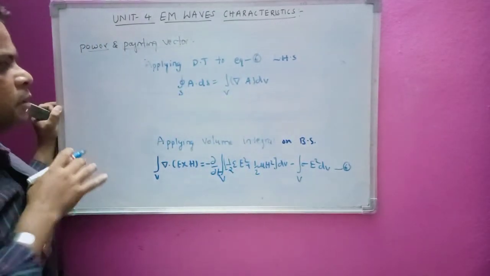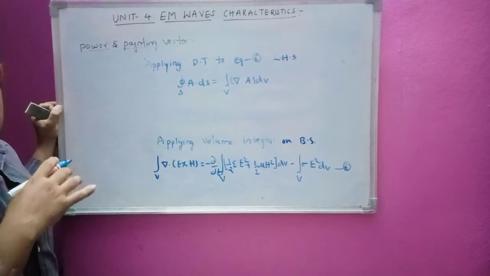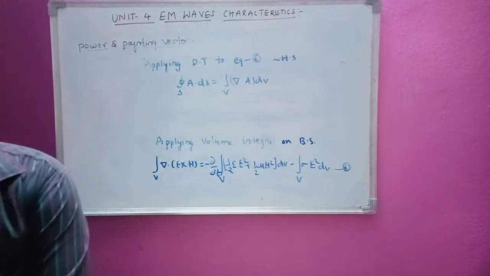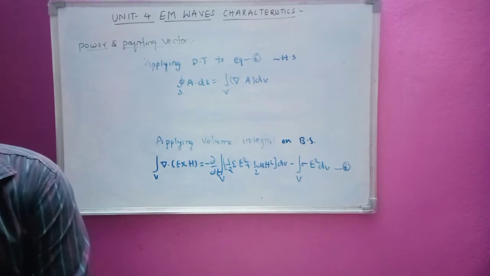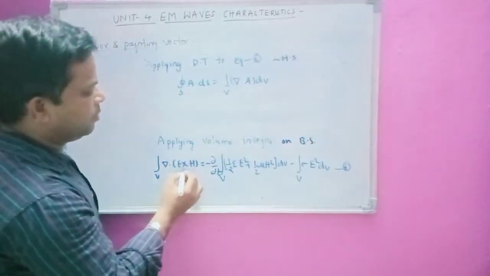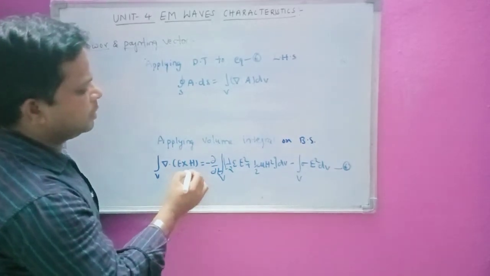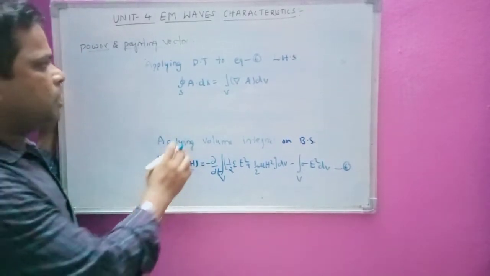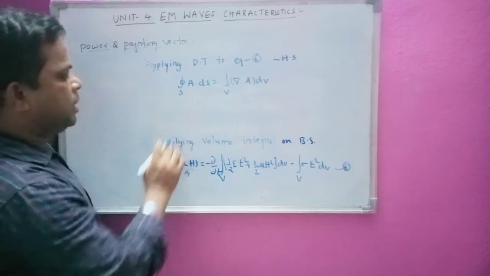So I am going to apply this to this one. So this is the volume integral, and in place of A, let us consider this entire thing as A. Now I have to write the surface integral.